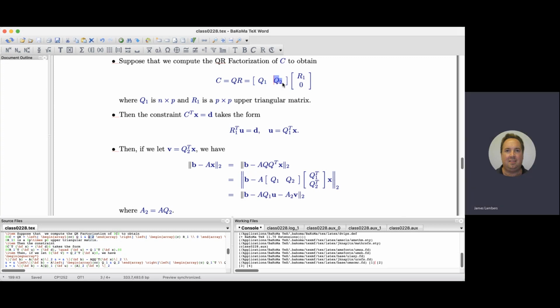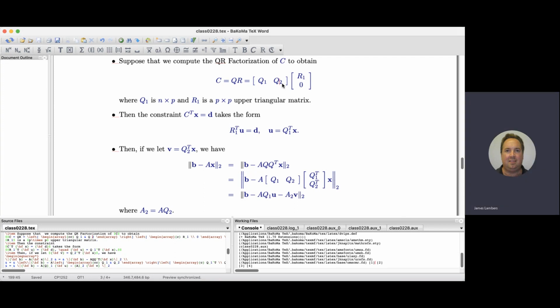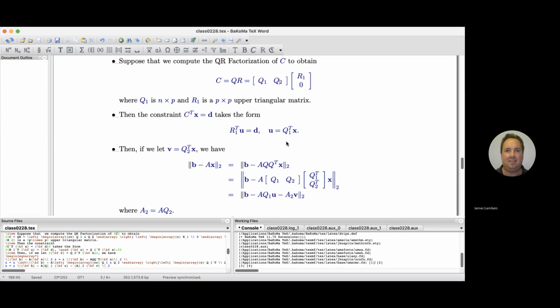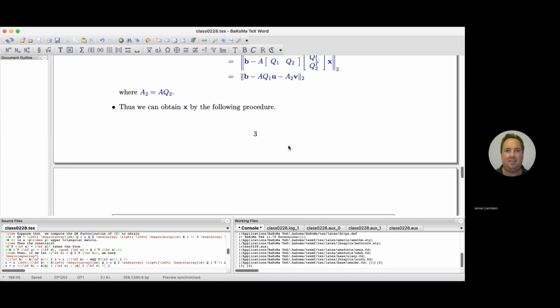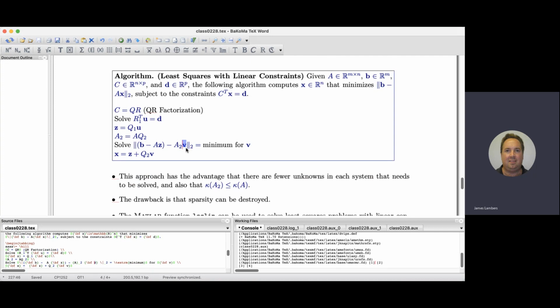Excuse me. So Q2 has n rows, and it has n minus p columns. So the vector here that we're solving for, v, has only n minus p elements. So here we're solving for a vector with p elements and then n minus p here.